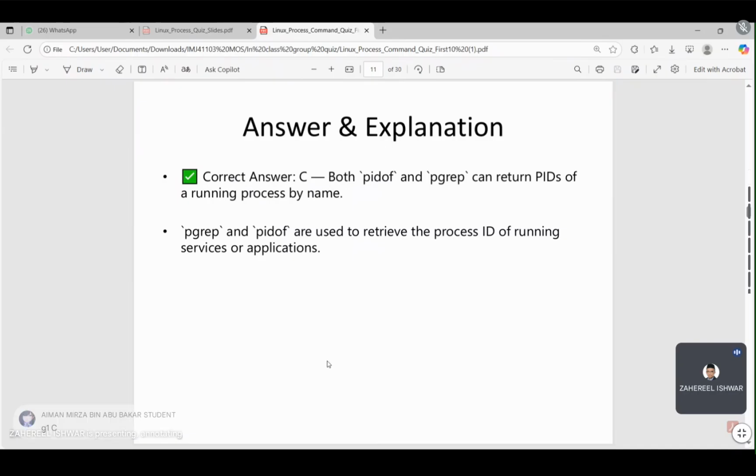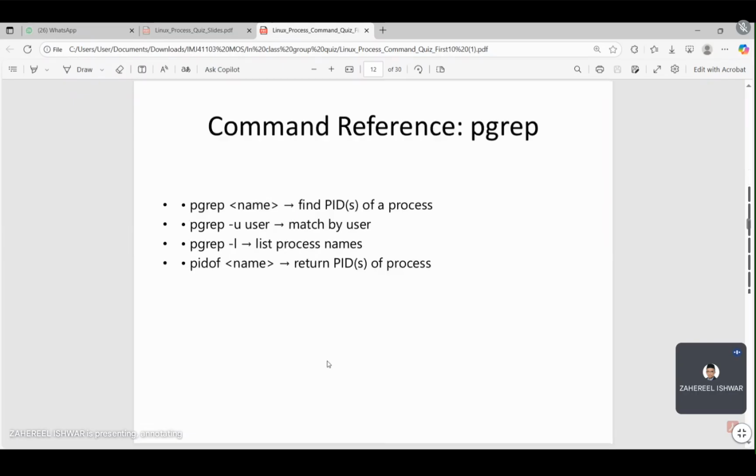So both pidof and pgrep sshd can be used. Okay. The process ID of running services or applications basically processed in your machine. So that's how to use your pgrep and pidof command. Okay. You want to take note on that.